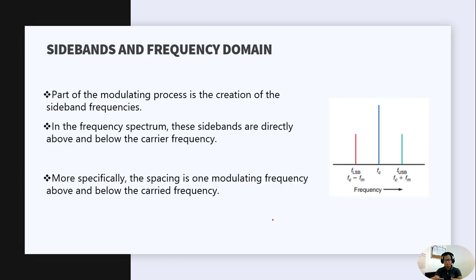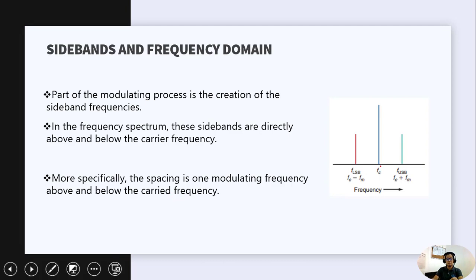And the frequency spectrum, as you can see here, we can see that the sidebands are spaced at a certain distance from the carrier frequency. Actually, they are spaced in one modulating frequency below and above the carrier.